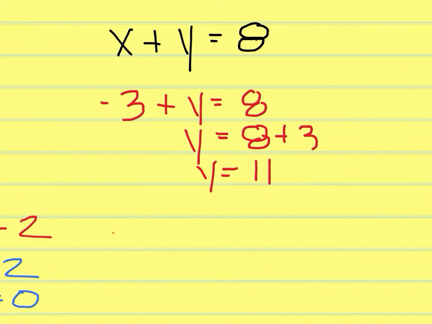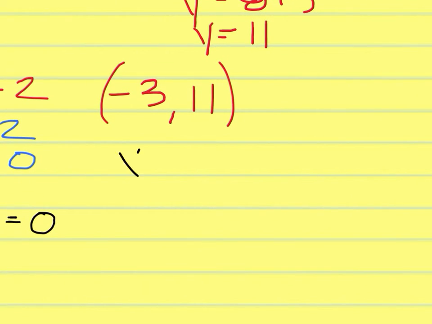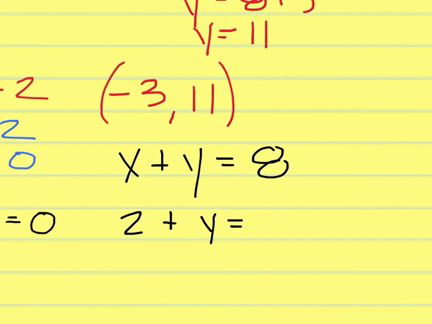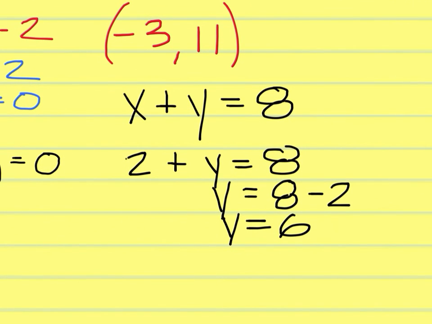We put in a negative 3 and came back with 11. Now the other one for x plus y equals 8, it must be a 2 that goes in for x. So when we move that 2 over, it becomes minus 2, and y would have to be 6. So we put in a 2 and came back with a 6.